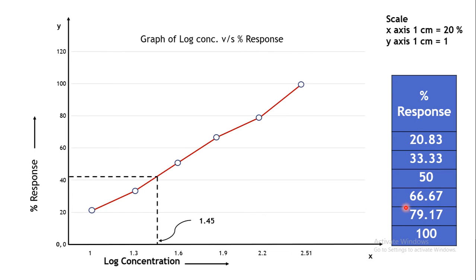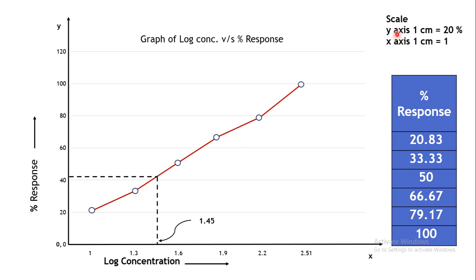Now this is how the graph will look. We have already discussed earlier in the procedure that you are supposed to plot a graph of log concentration versus percent response. That is, log concentration on the x-axis and percent response on the y-axis. Origin is supposed to be marked.